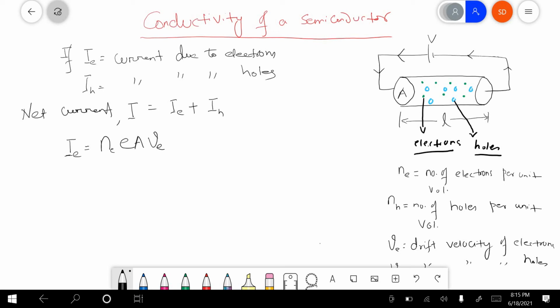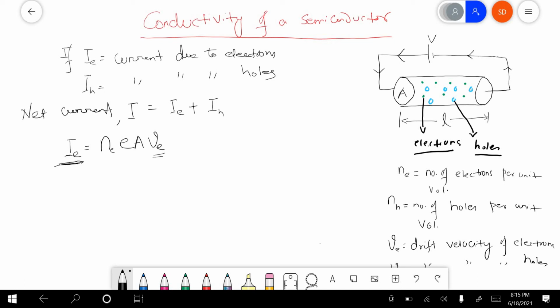This is the relation between current and drift velocity. Since it is electron, I am representing it by e. Ne means the number density of electrons, as I have already mentioned here. This represents the relation between the current due to electrons and the drift velocity of electrons.